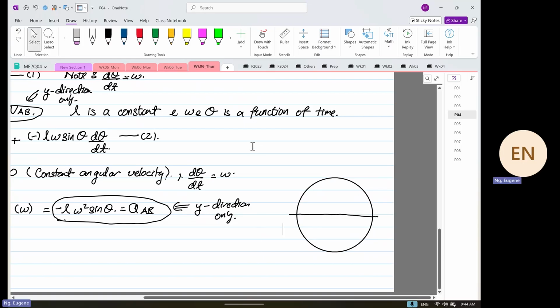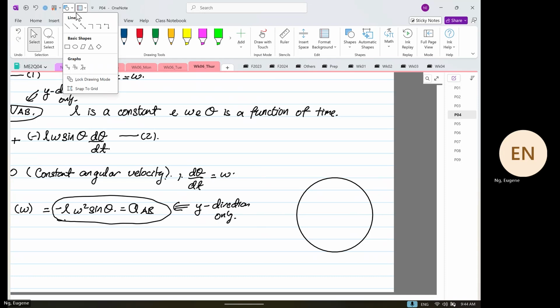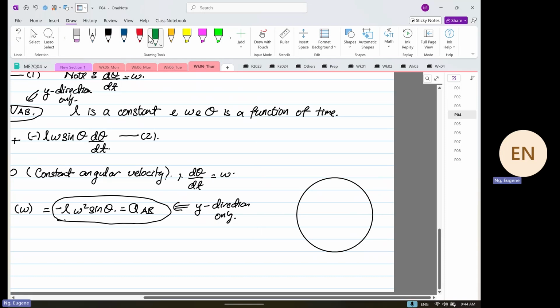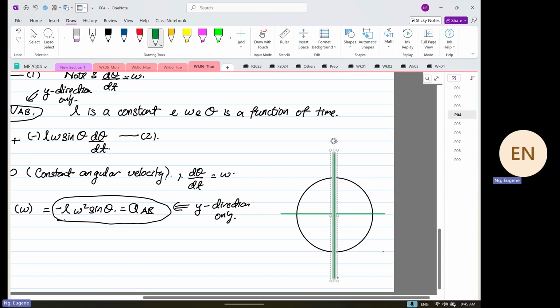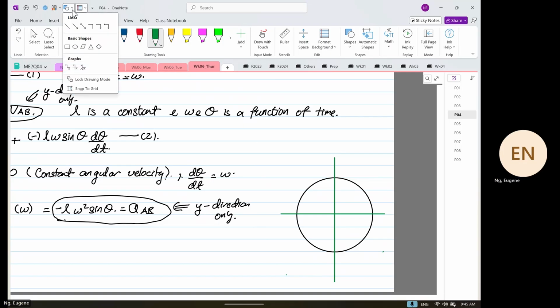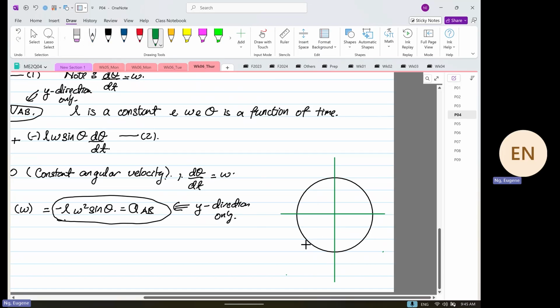If I were to sketch a 45, let me do this properly. If I were just to divide this by 45 degrees, I'm just going to sketch 45 degrees, okay? Let's hope I do it right.